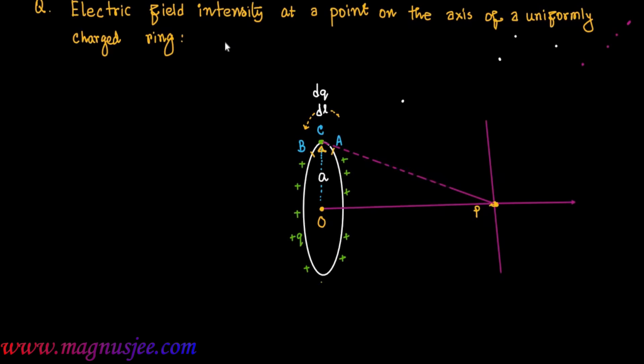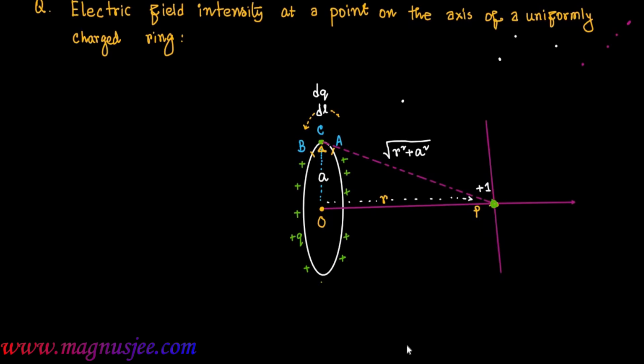This is the oblique distance of point P from the point C. r is the distance of the point P on the axis from the center O of the ring, and the distance of the point P from the point C is root over r square plus a square.